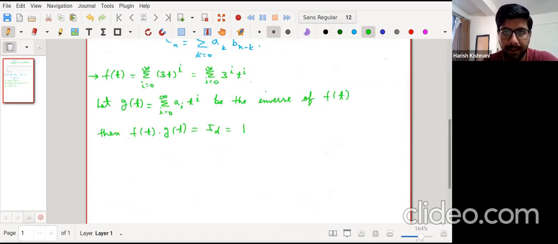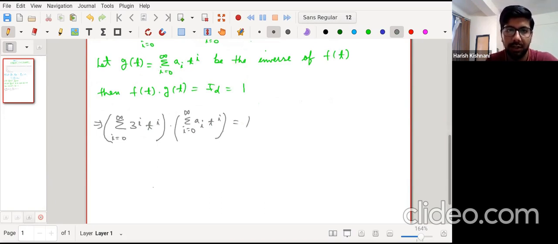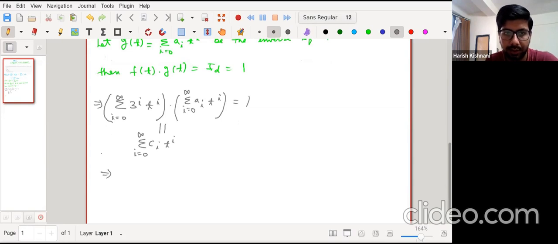So now let us see what it gives us. This implies that the summation of i equal to 0 to infinity of 3^i t^i, multiplied by the summation of i equal to 0 to infinity of a_i t^i, is 1. Now if this is equal to the summation of c_i t^i, then what you expect is that c_0 is just a_0 times b_0.